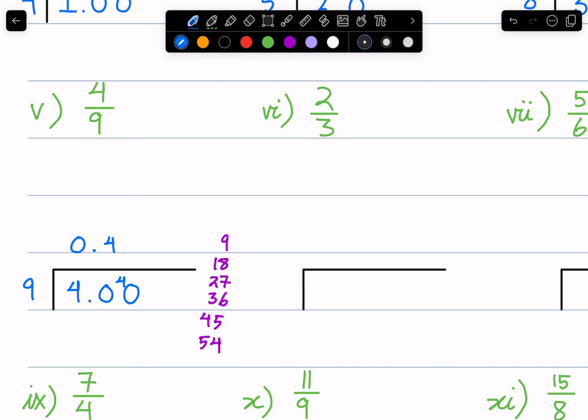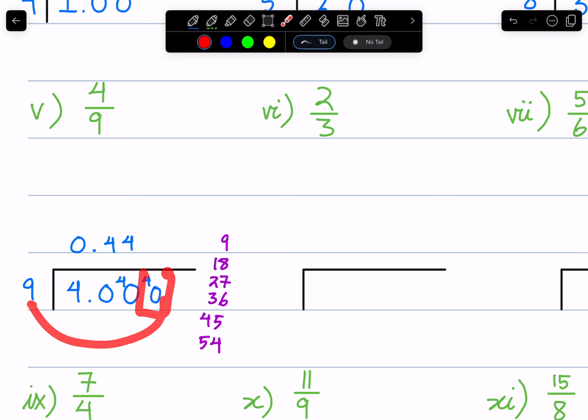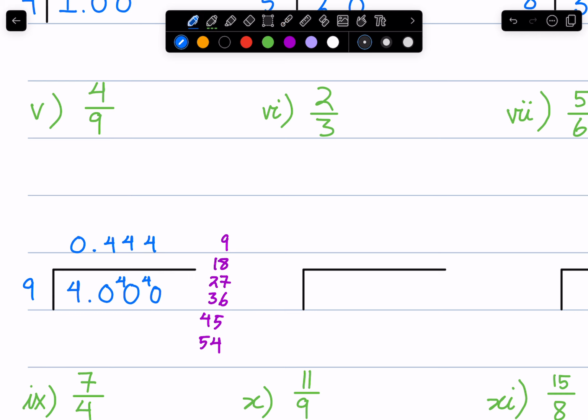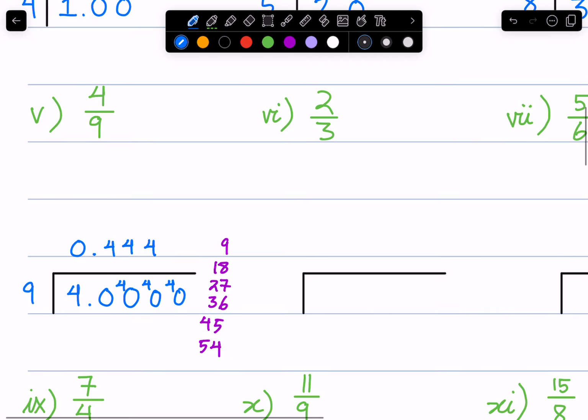So it's going to be 4 with a remainder 4. And as you can see, we can already see a problem here because this division is going to repeat indefinitely, because 9 into 40 is once again 4 with a remainder of 4, and this will repeat forever and ever.